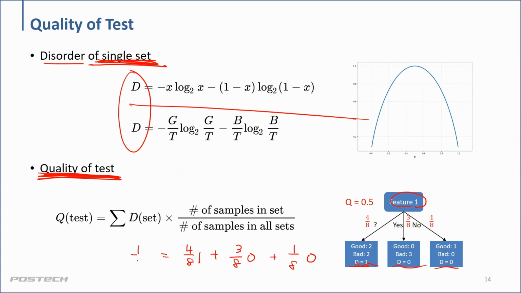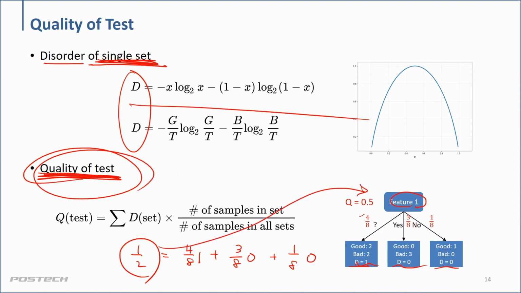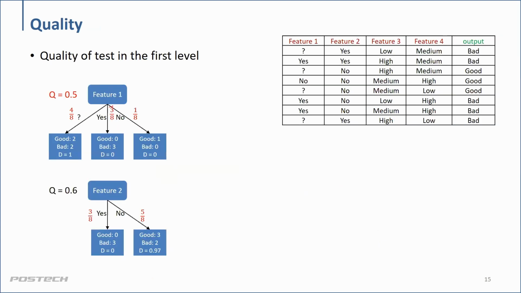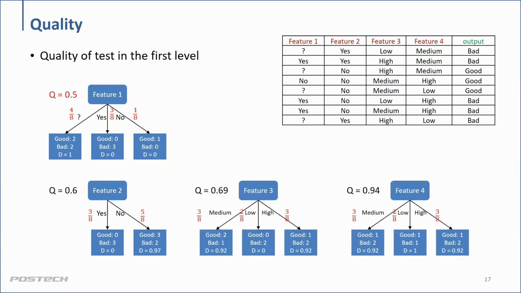So that's the quality of the test, Q. Then for feature 1 we can compute the quality of the test, and for feature 2, repeat it.